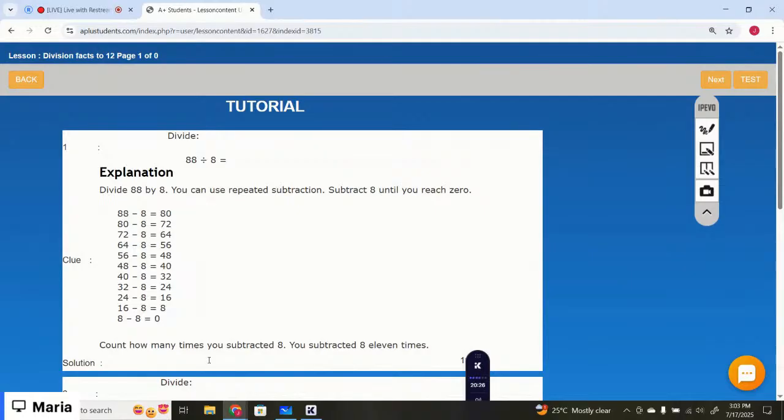So we need to subtract until 0. You need to just count how many times you subtracted. 1, 2, 3, 4, 5, 6, 7, 8, 9, 10, 11. So we subtracted 8 11 times. So that means 88 divided by 8 is 11.